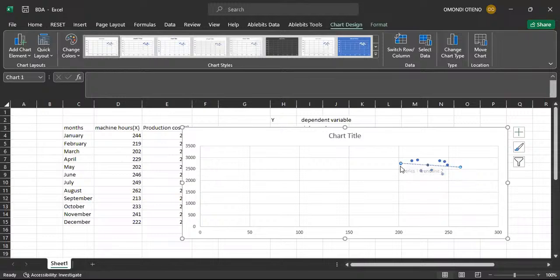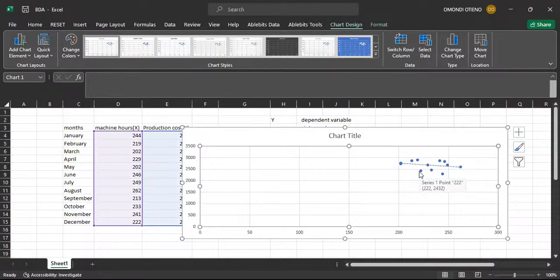At this point, we have 222, 24, 32. You are able to see the first one is the X, the second one is Y. If I move to this one up here, it is going to be 219, 28, 93.